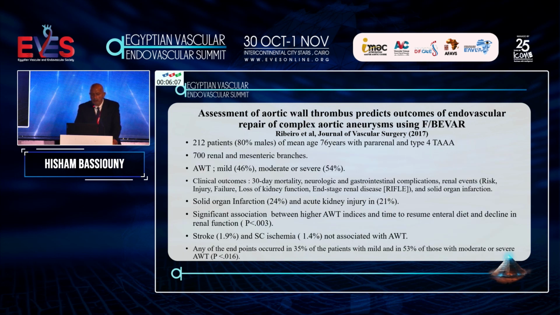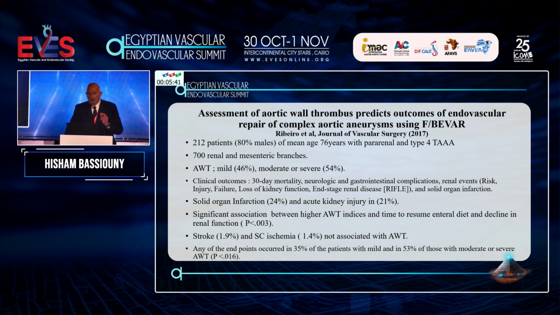Well, how does this relate to complications? Clearly, if you have mild versus moderate or severe shaggy aorta, the clinical outcomes vary significantly. It really presented with solid organ infarction in 24% of cases and acute kidney injury in 21% of cases.